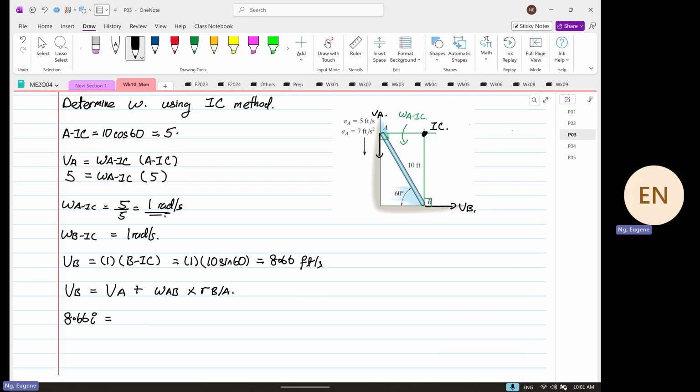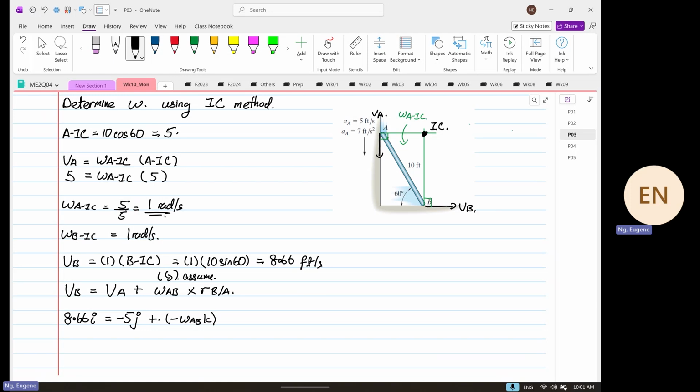V_A is equal to minus 5j plus omega AB cross r. I'm going to assume it's going in a clockwise direction, so this is assumed. So we have clockwise is equal to minus omega AB.